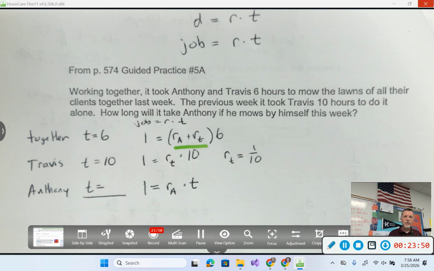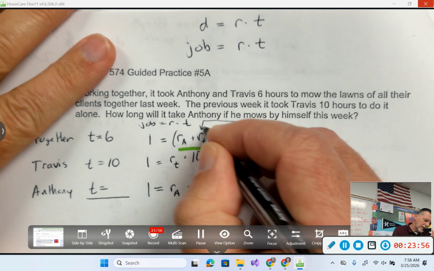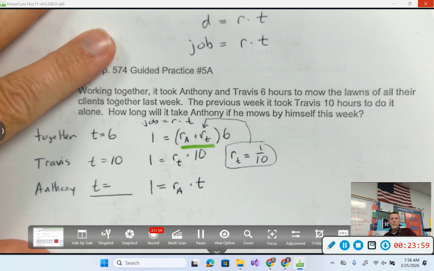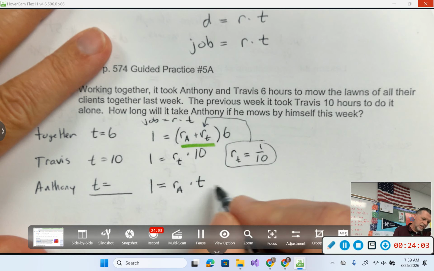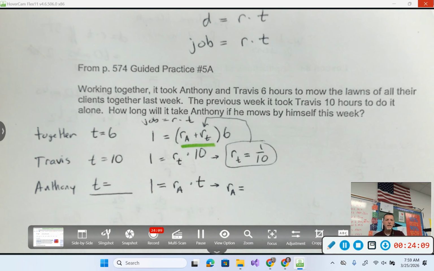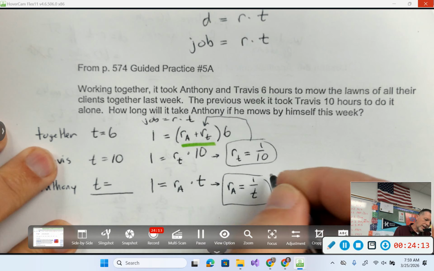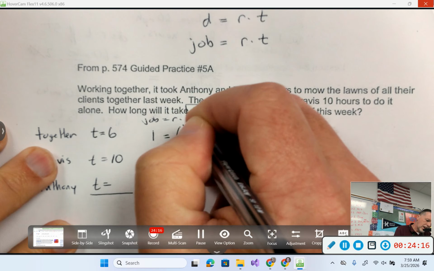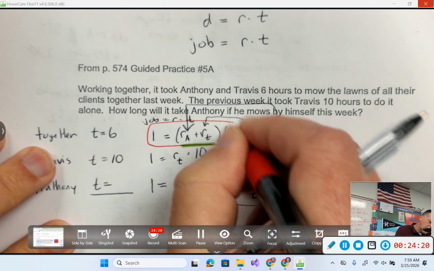Okay, I've got equations all over the place. I know RT is 1/10, so I can plug that in. How about RA? What's RA equal to? I mean, just as an equation, I don't know the answer, but 1/t. So I can plug that in for RA. So let's take this equation.